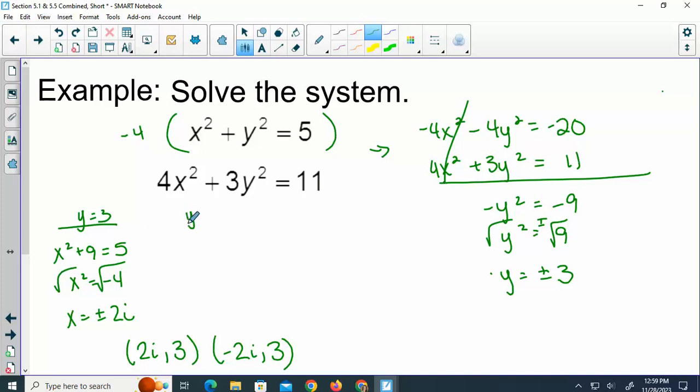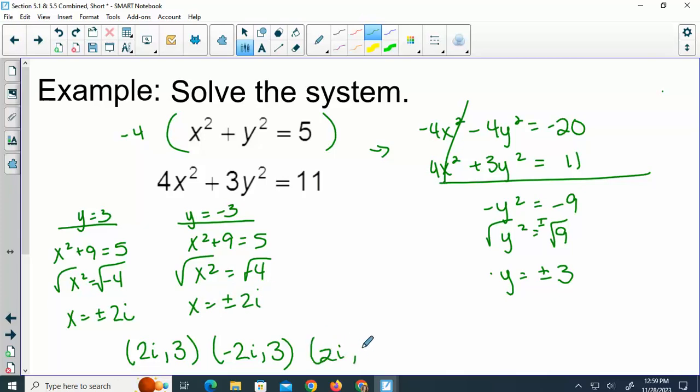If I put in a negative 3, negative 3 squared is also 9. So we get the same thing. So we could have positive 2i, negative 3, or negative 2i, negative 3. So we get 4 ordered pairs. Any questions for me?